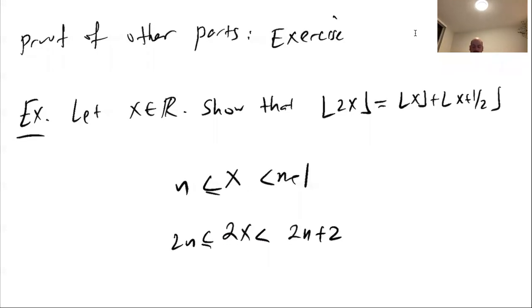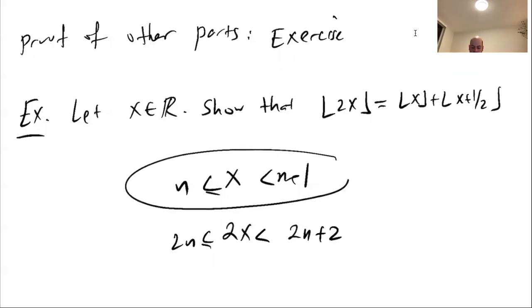So what would be the floor of 2x? If 2x, we know it's between 2n and 2n plus 2, well, I cannot find the floor of it. Because to find the floor, I have to look at the definition of floor. What is the form of the inequality that I need? I need to have x put between two consecutive integers.